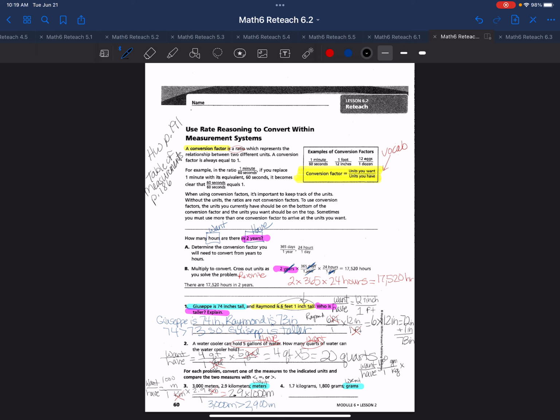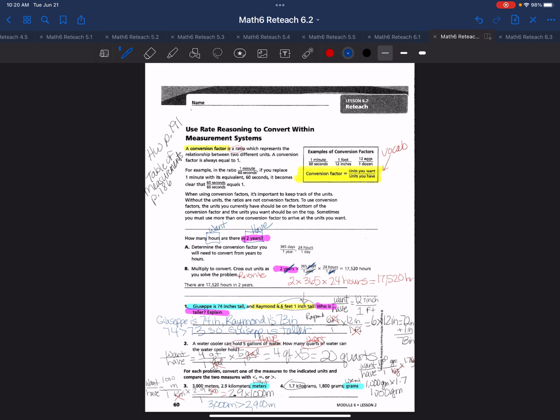And then I multiply that here by 1.7 kilograms. So then I cross out the kilograms. Then I have 1,000 grams times 1.7, which is 1,700 grams. So let's write an inequality for our answer.